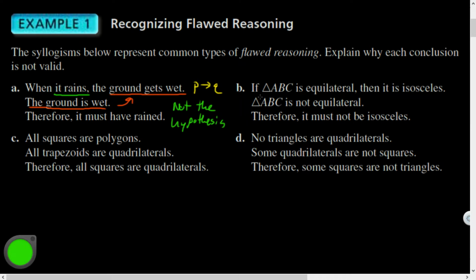Let's see, B. If triangle ABC is equilateral, then it is isosceles. Okay, here we go. The statement we knew was that triangle ABC is not equilateral. It says, therefore, it must not be isosceles.